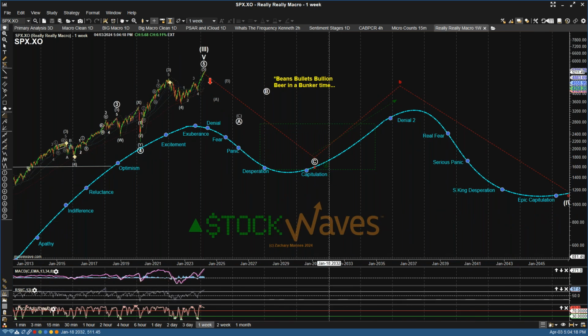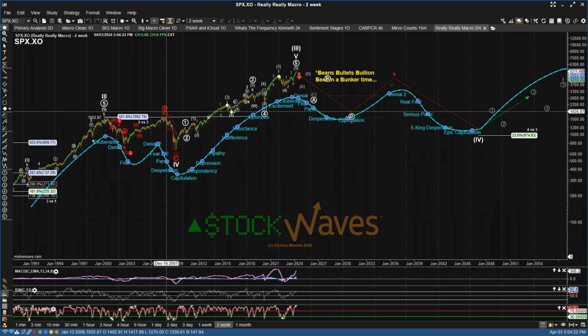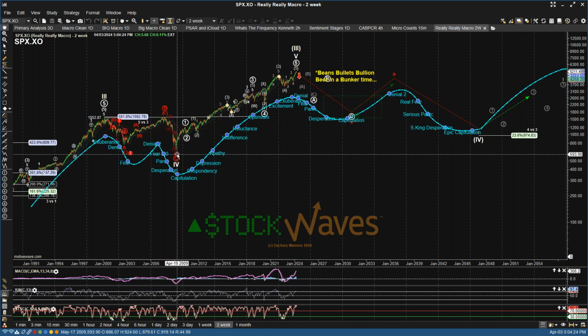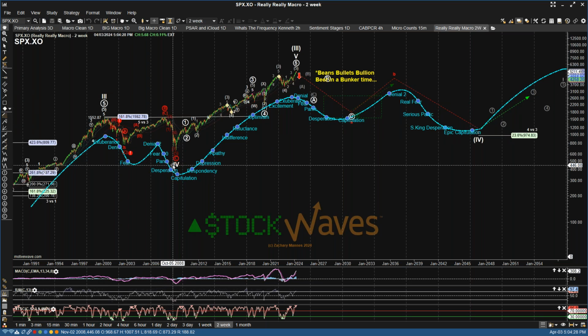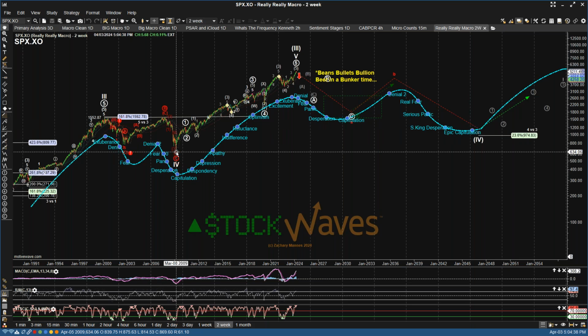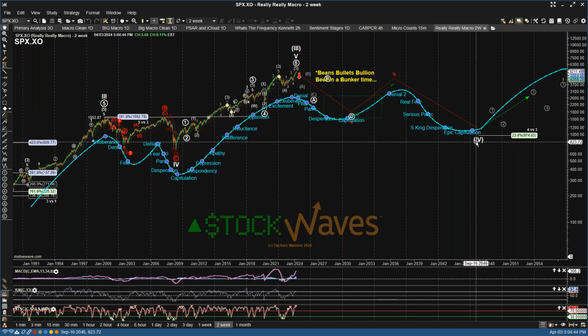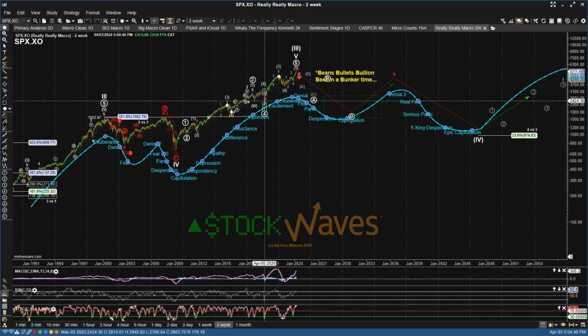So possibly holding, I'm going to go back into the 2-week here, relative to the 2009 lows, which is the subwave 4 at one prior degree, that could be one of the target regions. So somewhere in between the top of wave 3 from the .com peak into the housing market financial crisis crash of 2008, 2009 is one of the target regions of support.